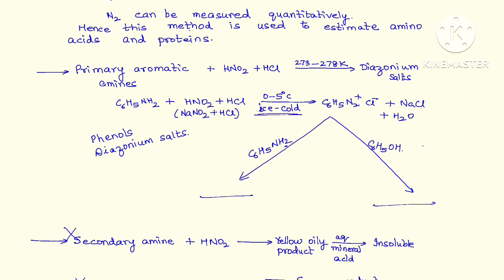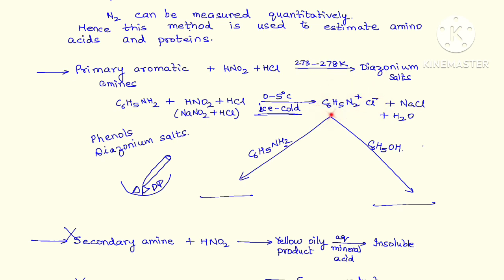Remember, we spoke about you carrying out this reaction in a dish containing ice cubes, and this is your test tube in which you are carrying out this reaction of yours. Do you recall doing something like that in the laboratory? Yes, so 0 to 5 degrees Celsius, and we get over here benzene diazonium chloride as the compound.